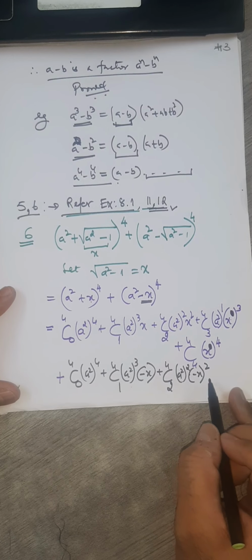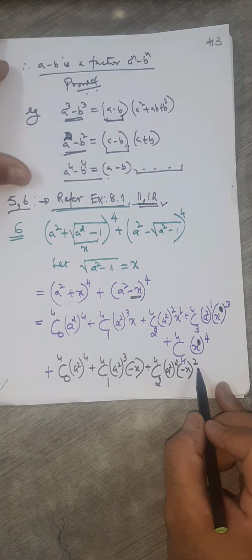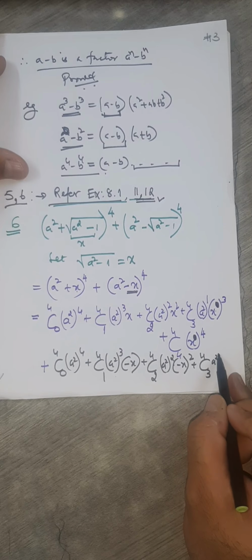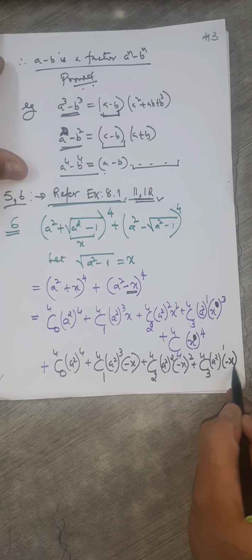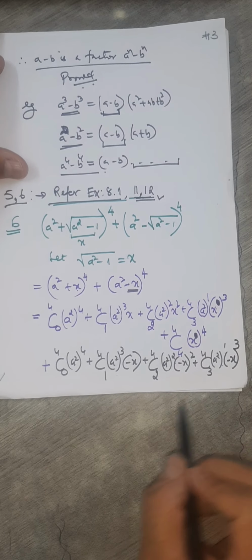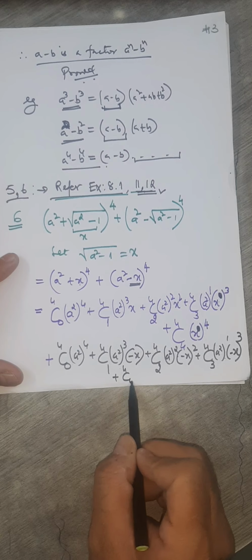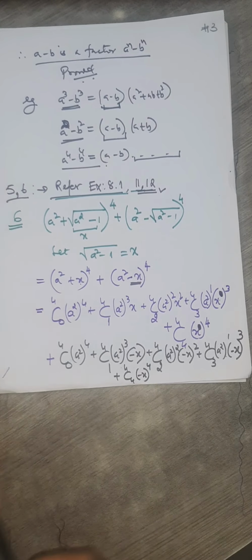So it will be plus. Now 4C3, (a square) raised to 1 into minus x the whole cube. So this term and this term will get cancelled. Plus last term 4C4, minus x raised to 4. This will be an even power.